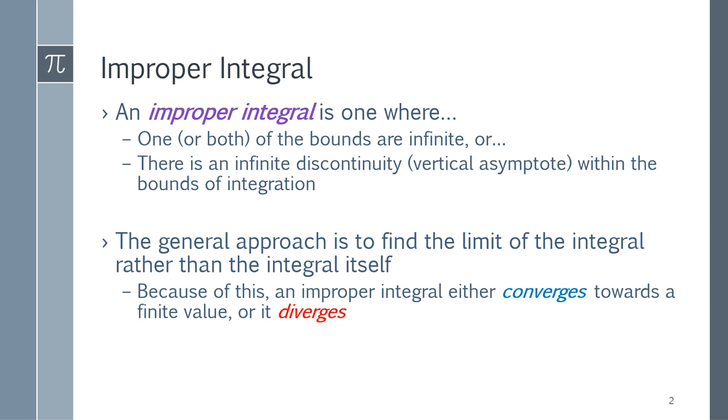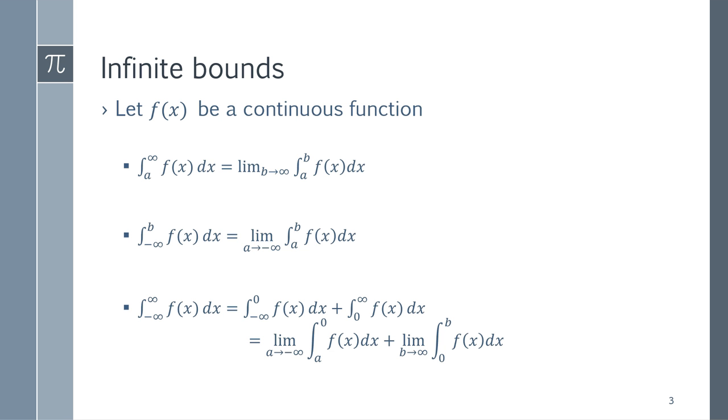So first, we're going to look at if the bounds are infinite. If the bounds are infinite, this comes in three situations. The first being if the upper bound is infinite. I can have it set up to be a constant lower bound, infinite upper bound of my function.